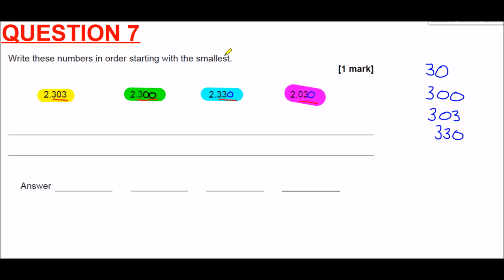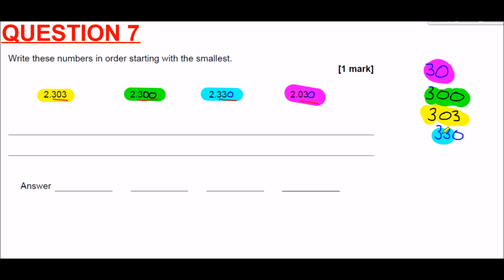So hopefully, as we can see, the smallest, after comparing these decimals, is the one at the end, which I've coloured in purple. The next smallest is 2.3. Then we've got 2.303, and the biggest 2.330.